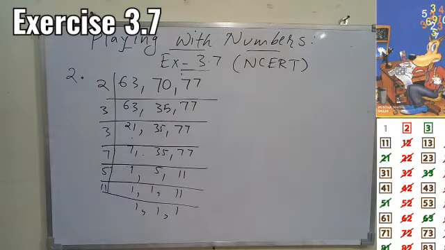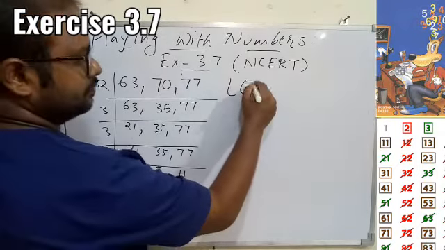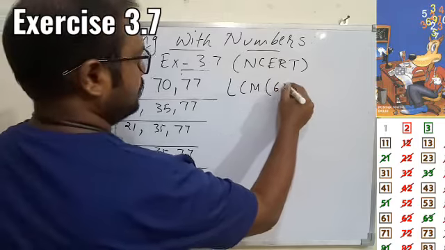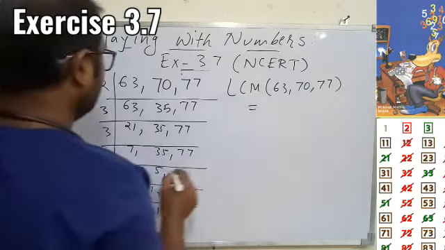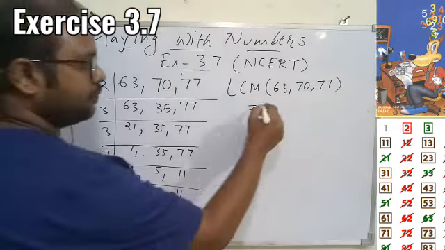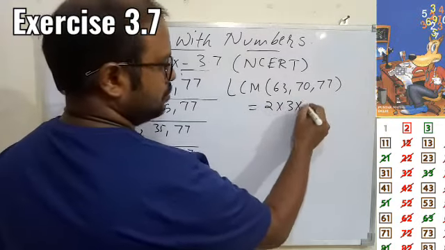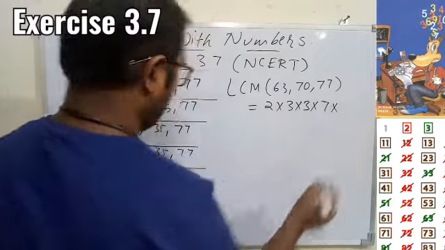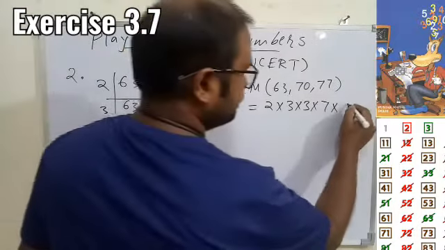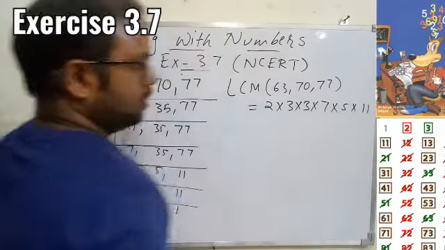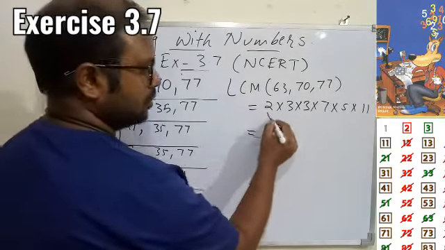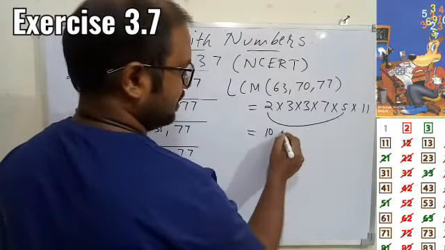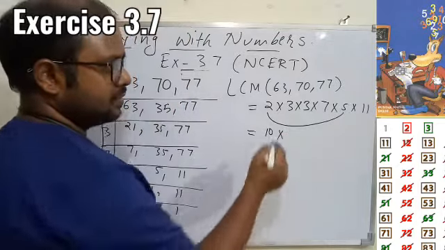So overall we got the LCM of 63, 70 and 77, and that is nothing but 2 into 3 into 3 into 7 into 5 into 11. So how to multiply this number? Better, first of all you see 2 into 5 is 10 and 3, 3, 9, 9, 7 is 63.